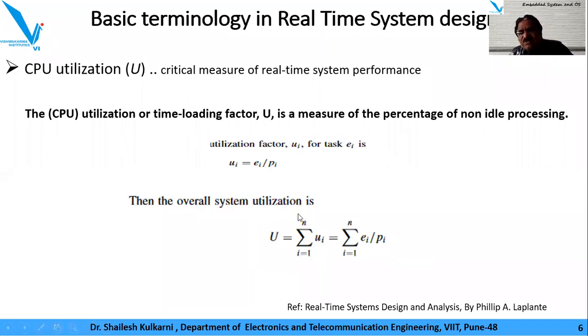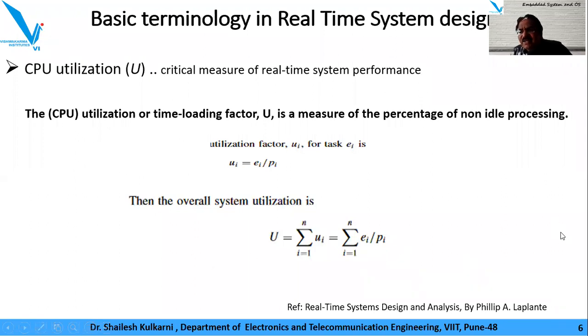And this overall system utilization is given as the summation over i from 1 to n of the individual utilization, and the individual utilization is given by Ei divided by Pi, which is the execution time of that task i over the period of that task i. Isn't it? Now, what do we get to know from this?